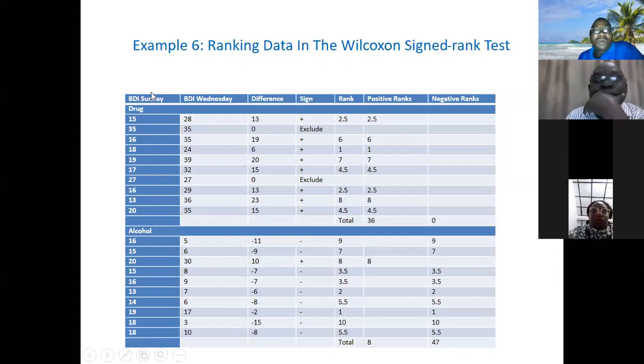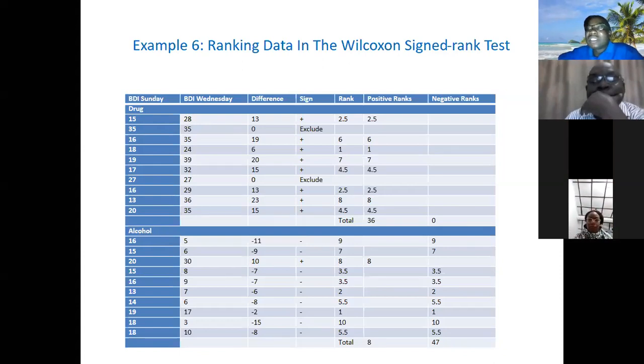That's drug Sunday, Wednesday, alcohol Sunday, Wednesday. If you remember, for the independent samples we had Mann-Whitney and Wilcoxon rank sum. But here there's no Mann-Whitney. Here it is the Wilcoxon signed rank test.